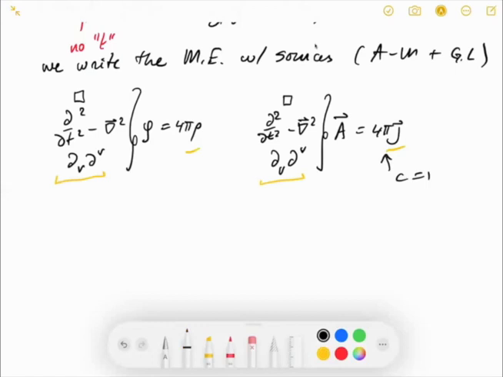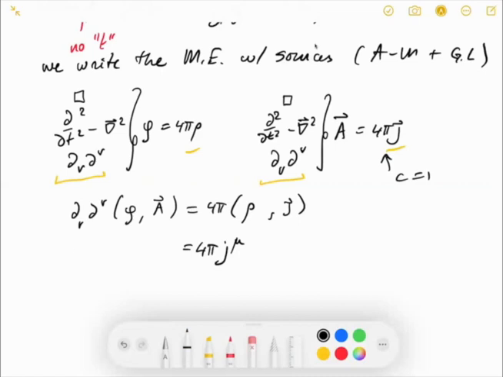We can say, let's call this del nu, and we can write this as phi and the vector A is equal to 4 pi, and then this is rho, and this is J. And of course, rho and J together are the 4 current.